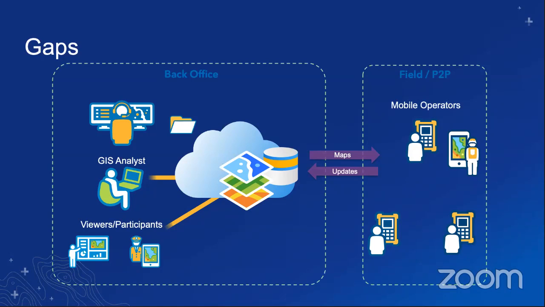So what ISRI did, we met with stakeholders like fire departments and police departments and others outside the public safety domain to identify a core set of functionalities that were missing. The first one is the ability for the mobile operators to have full situation awareness capability in the field.